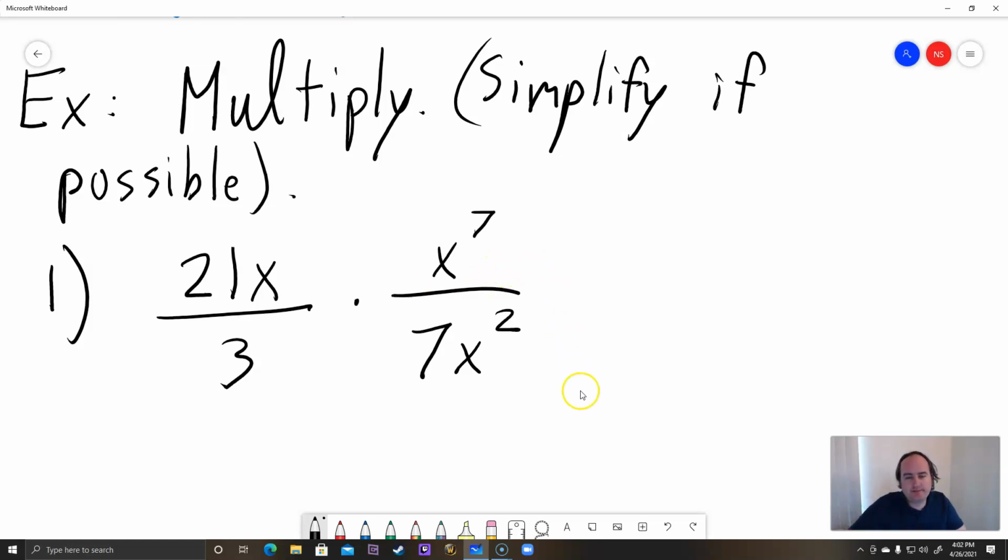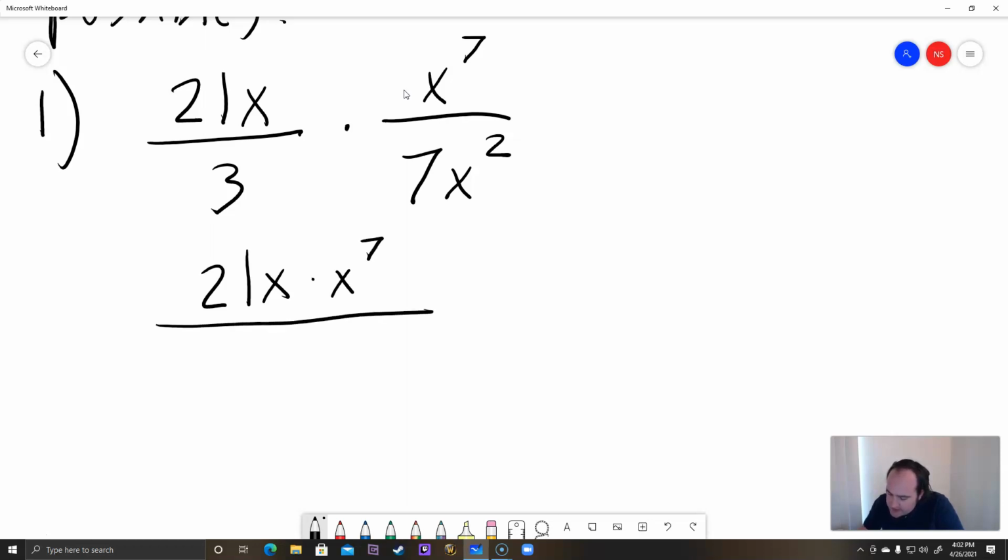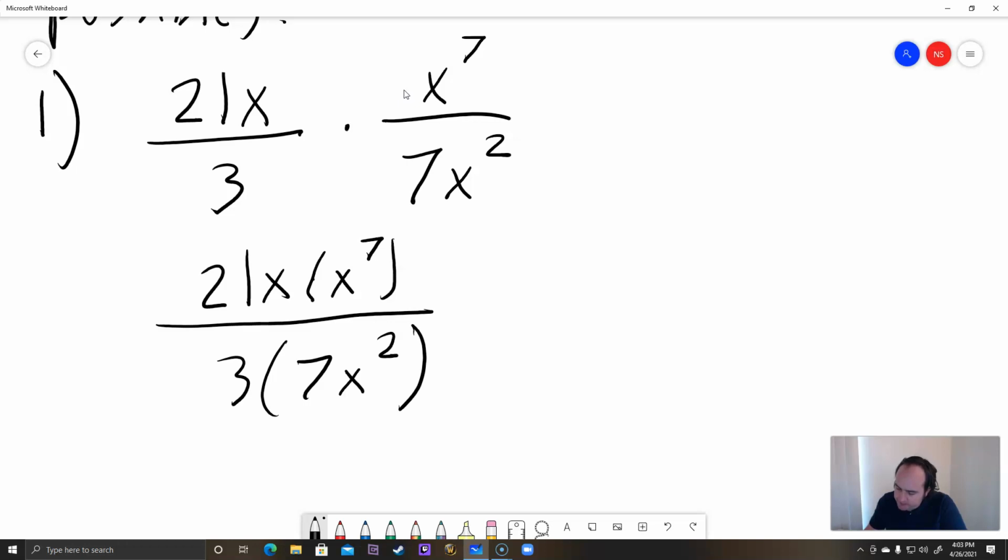For this one, multiplying the numerators, we get 21x times x to the 7 in the numerator. And then in the denominator, we have 3 times 7x squared. Now in the numerator, x times x to the 7 is going to be x to the 8th.